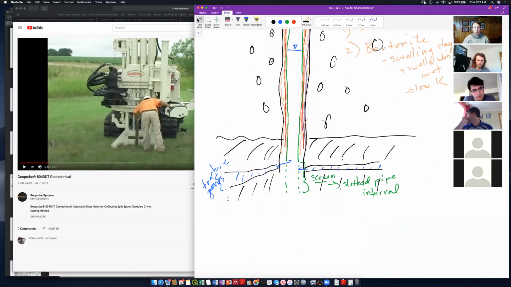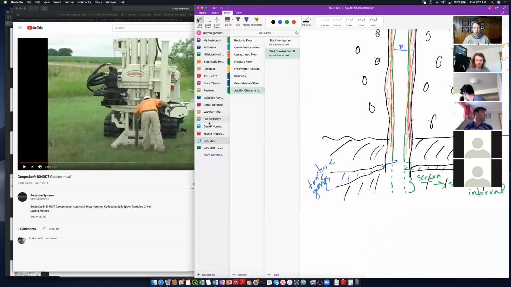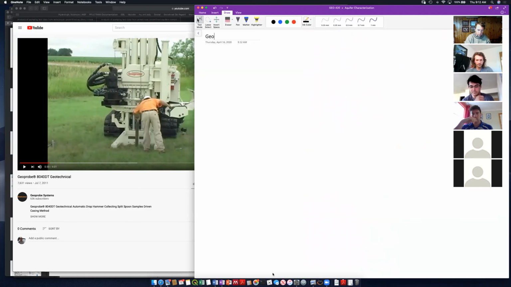So in a geoprobe, we've got our ground surface here. Now at the tip, we have that metal casing that you see sticking out.